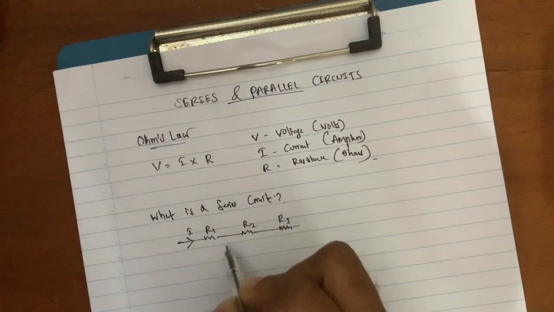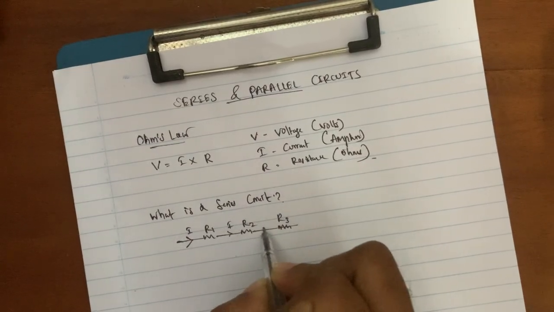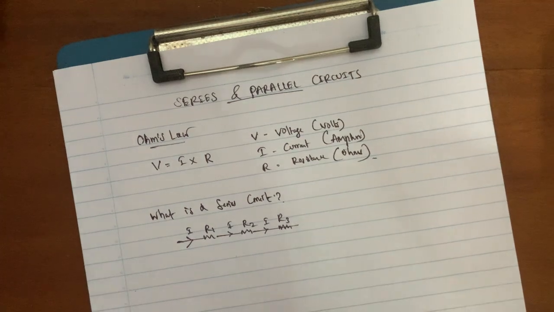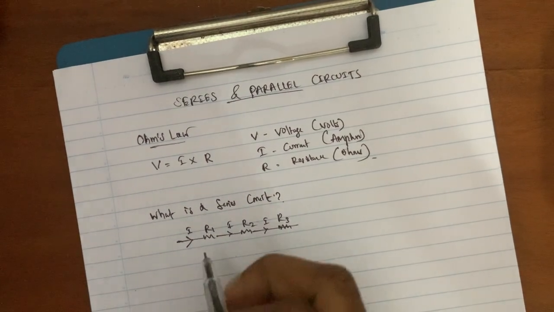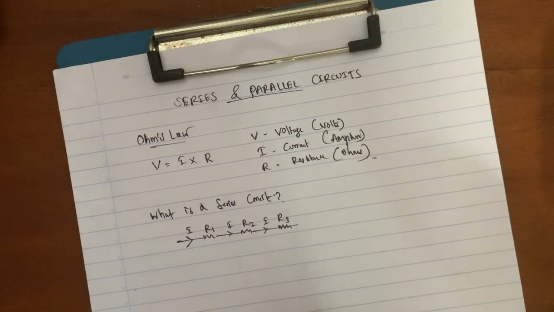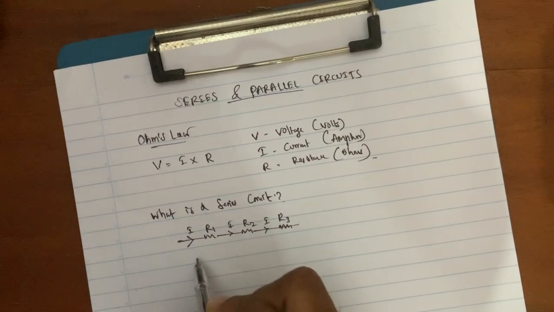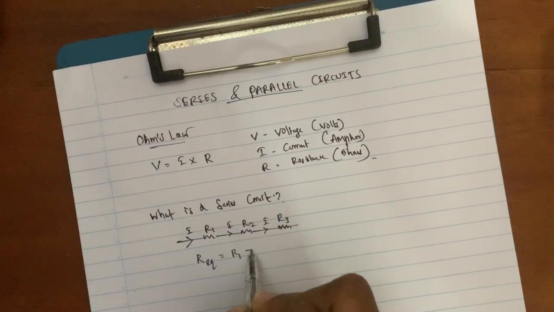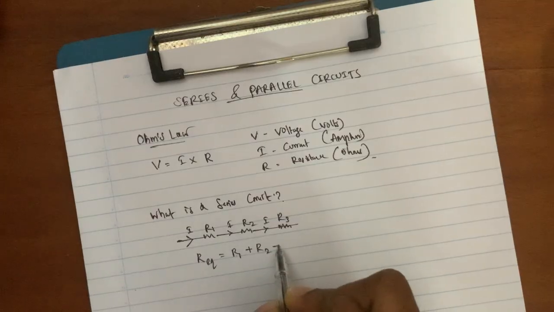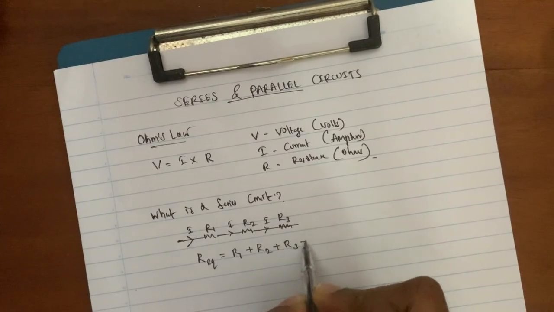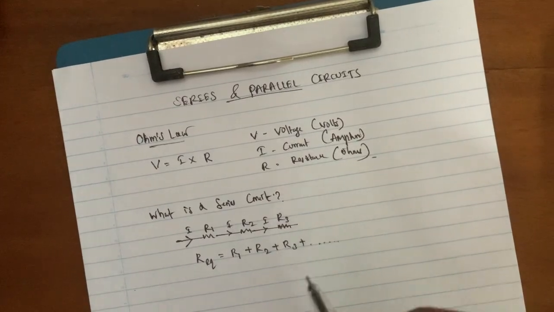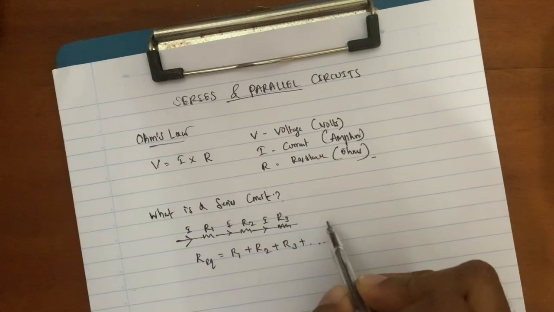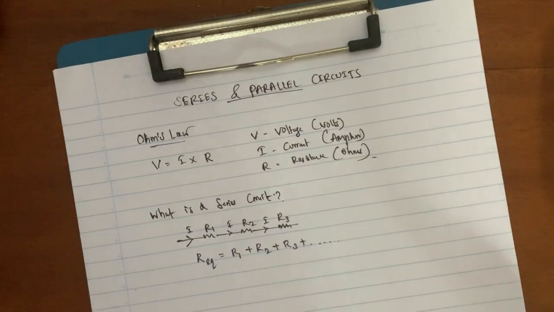Let's say current is I, that is same through all the resistances, and voltage will be divided and the total resistance adds up. That means the formula for the series circuit is given as R equivalent equal R1 plus R2 plus R3 and so on if we have more resistances connected in series.